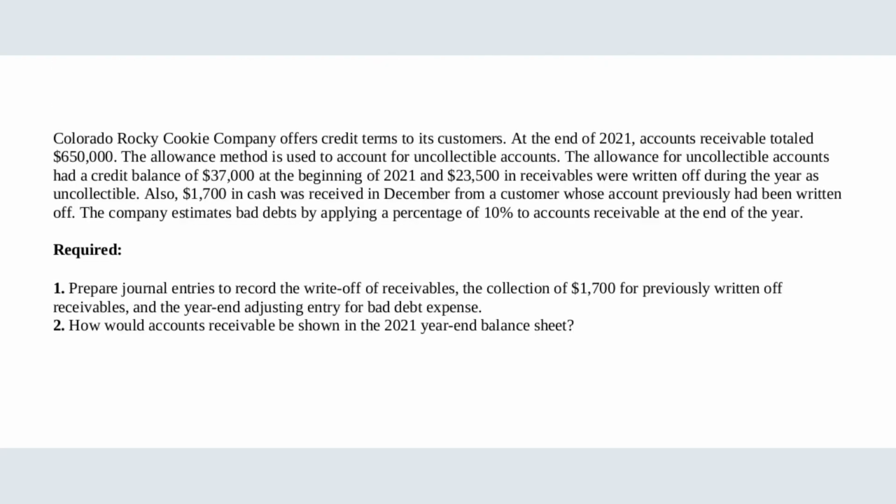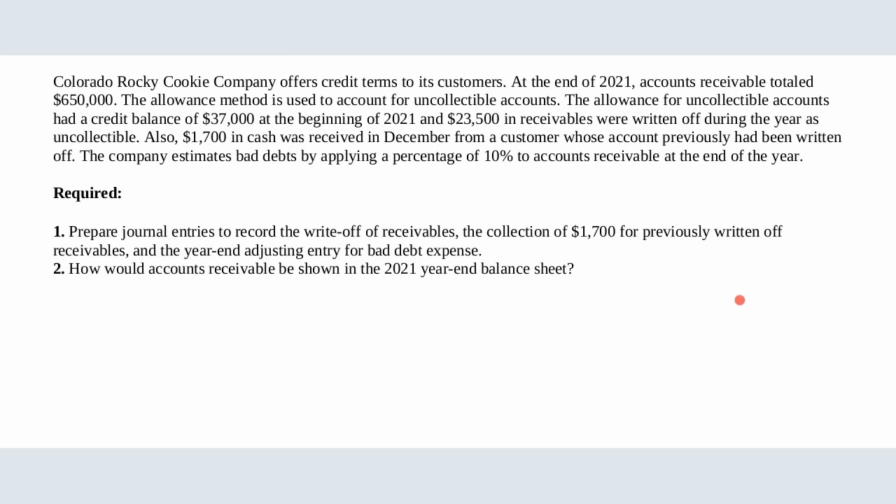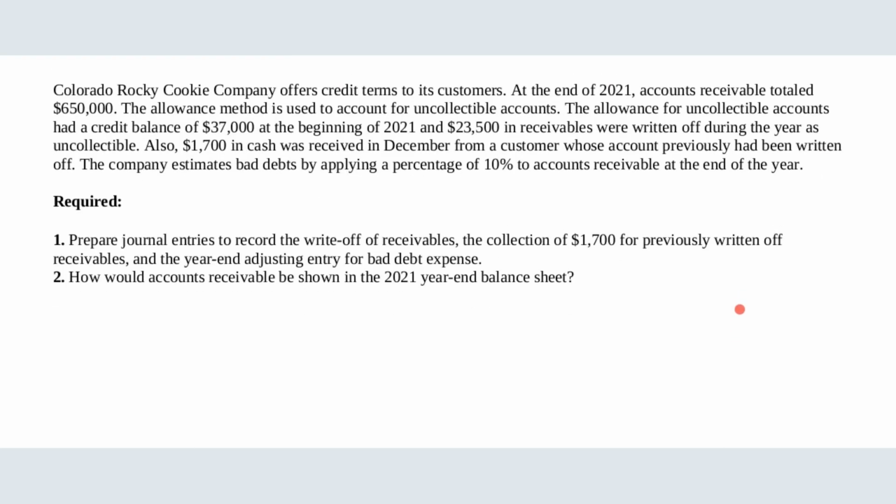Okay, moving along to Colorado. Colorado Rocky Cookie Company offers credit terms to its customers. At the end of 2021, accounts receivable total 650,000. The allowance method is used to account for uncollectible accounts.